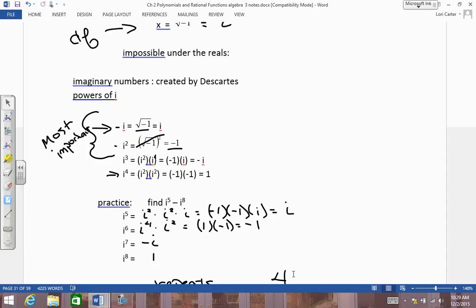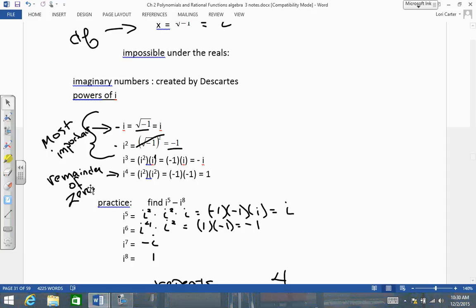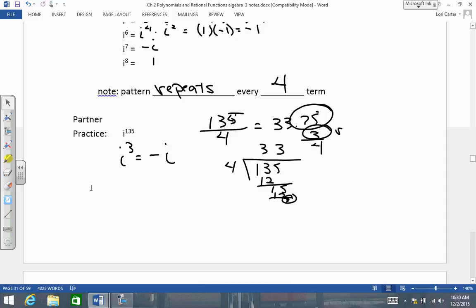Well, that's remainder of 4. Can you have a remainder of 4 when you're dividing by 4? No, it'd be remainder 1, 2, 3, 0. It'd be 25, 50, 75, double 0.